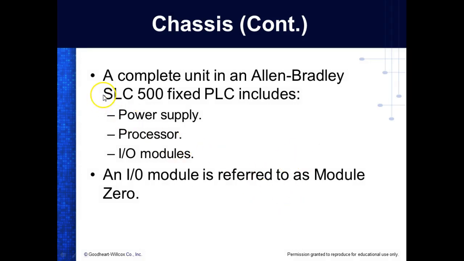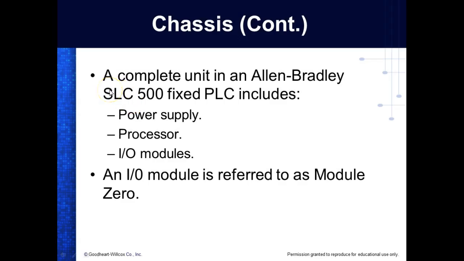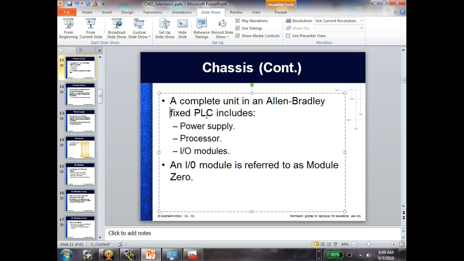These are not 6500s. So fixed PLC, this is a little different in that the fixed PLC does not have slots. The CPU, the I/O, and everything is built into the unit, right? And we passed around the 1000 last class. It's a fixed PLC.